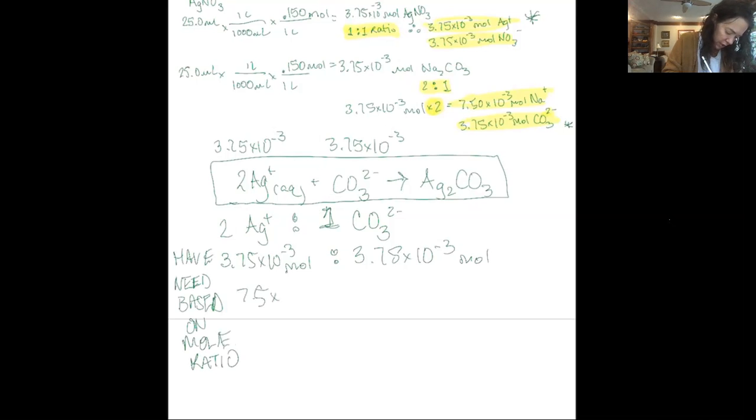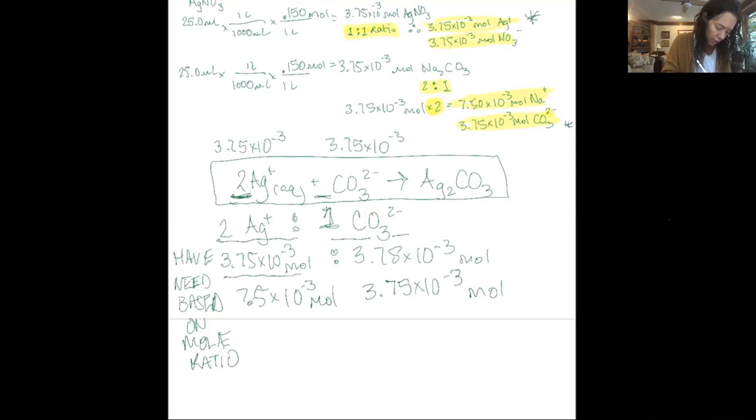I would need this, and I would need this. So what I can visually see based on the ratio up here is that I need 2 silvers for every 1 carbonate. Well, what I have is 1 silver for every 1 carbonate. So that tells me right now that this is my limiting reactant, right?